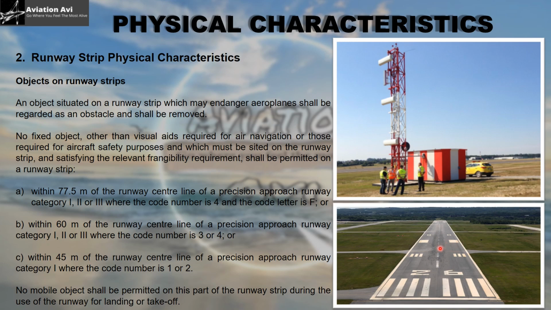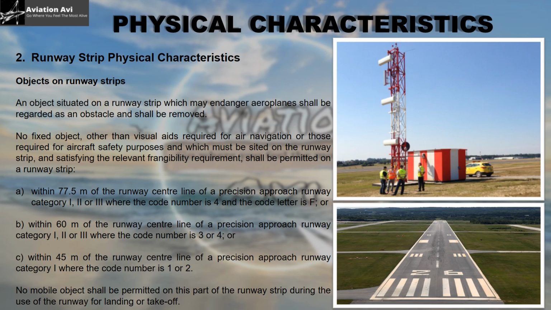Basically, from the center line of the runway to a distance of 60 meters when the code number of the runway is 3 or 4 and the runway is a precision approach runway, nothing can be present within the 60 meters. No fixed object is allowed unless it is a requirement to have them within the runway strip and it is provided for the safety of aircraft operations and meets the frangibility criteria.